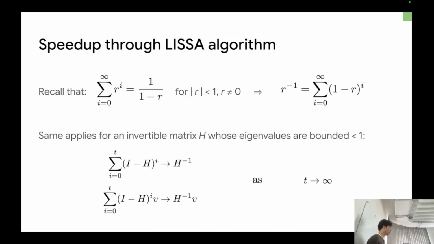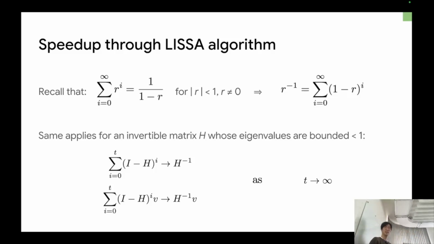Now for the approximation of the inverse with a geometric sum, the intuition comes from high school math. When you have a geometric sum like this, where R is the rate, you can express it as 1 over 1 minus R, as long as R is bounded between -1 and 1, or, if it's a complex number, within the disk.